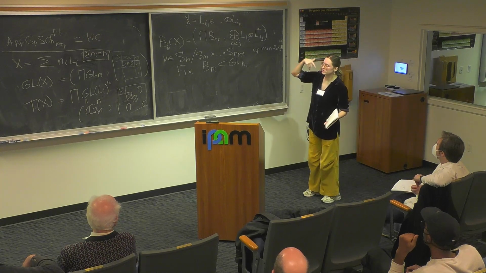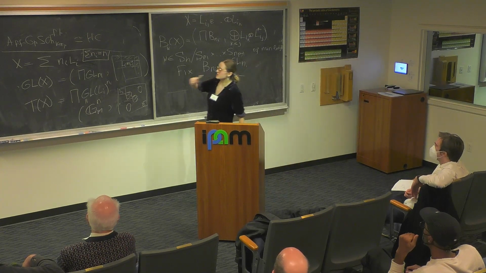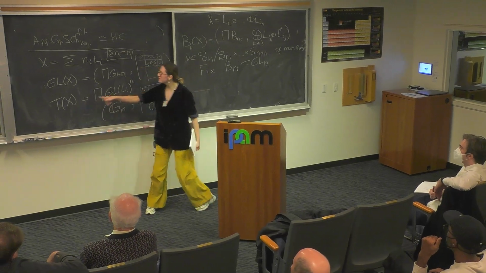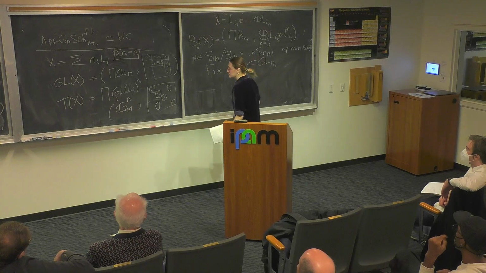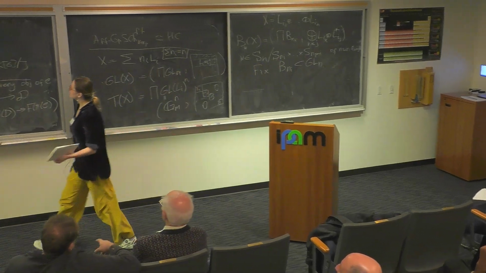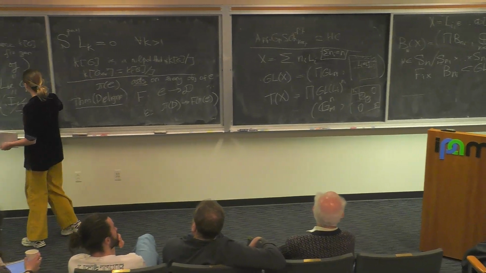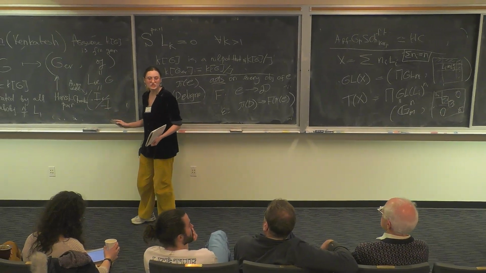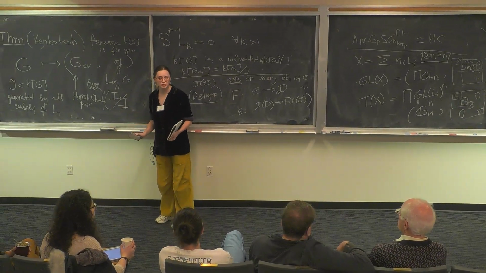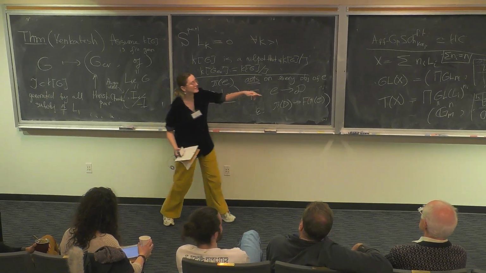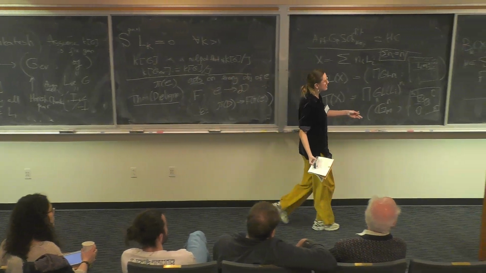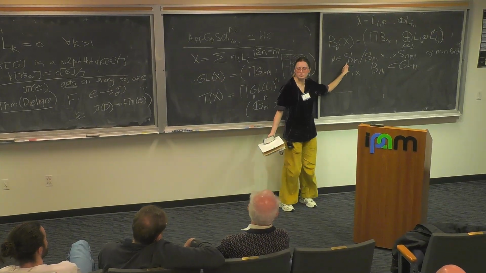What one can then do is start with a representation of a torus, inflate it to a representation of the Borel, and do some sort of parabolic induction here. This fact that there are many Borels is very familiar from the theory of supergroups. So that's something you might have seen in supergroup theory. You get different Borels, and this Sn here is not an honest Weyl group.